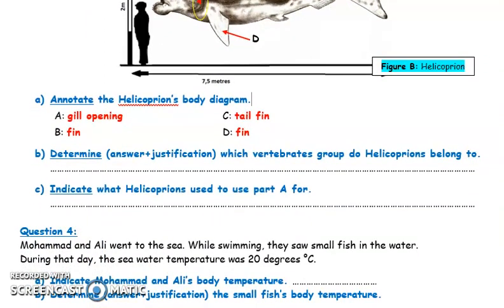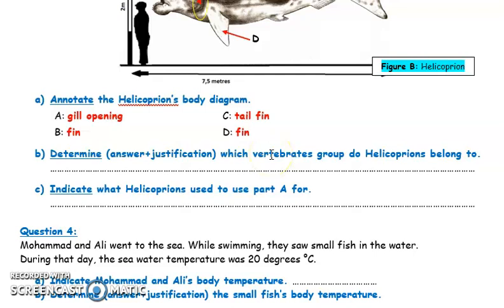Determine, and this time we also have to justify our answer: which vertebrate group do Helicoprions belong to? As I mentioned in the beginning, vertebrates are classified into 5 groups: fish, amphibians, reptiles, birds, and mammals.